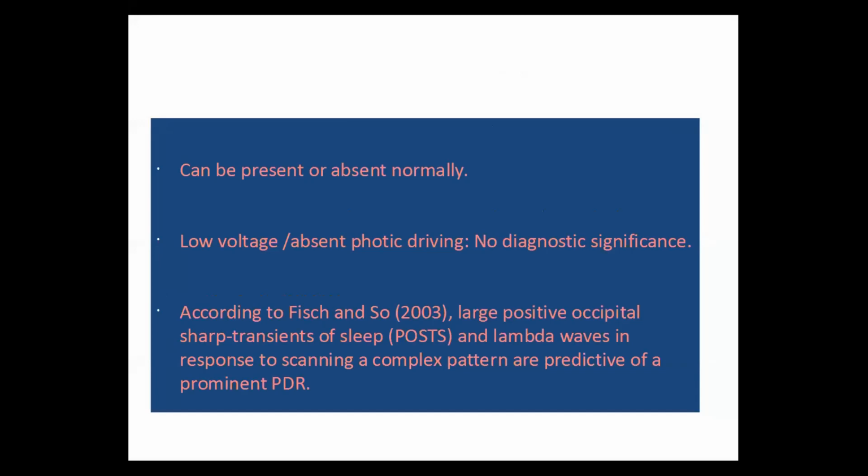As I demonstrated the other day, the positive occipital sharp transients of sleep, which are seen in the drowsy individual in the posterior region, and the lambda waves, when you scan a complex pattern with the eyes open, if the patient has these two, it will predict the presence of a prominent photic driving response in this patient. So those patients who are having POSTs and lambda are likely to have a prominent photic drive.